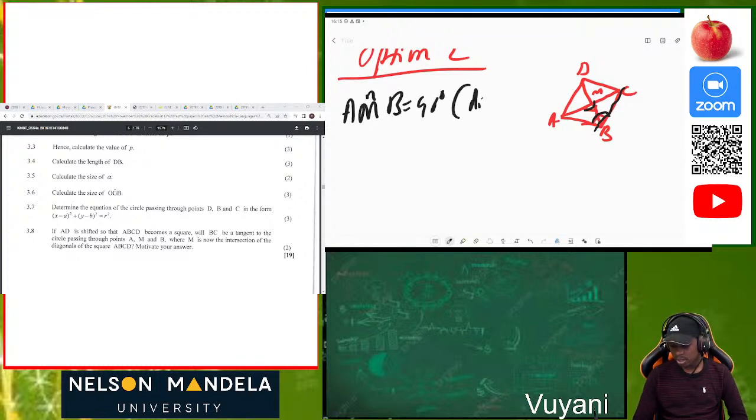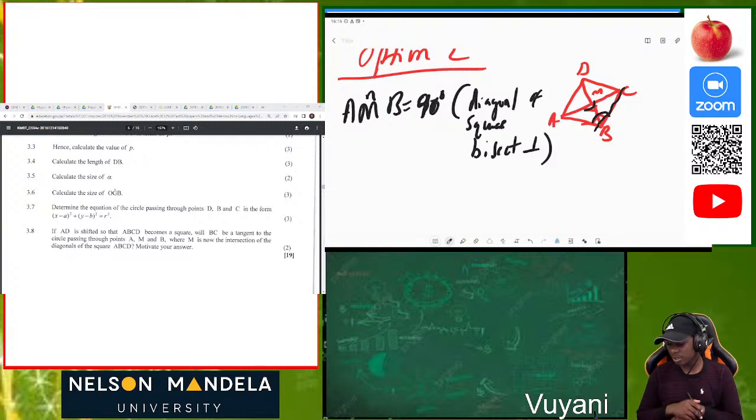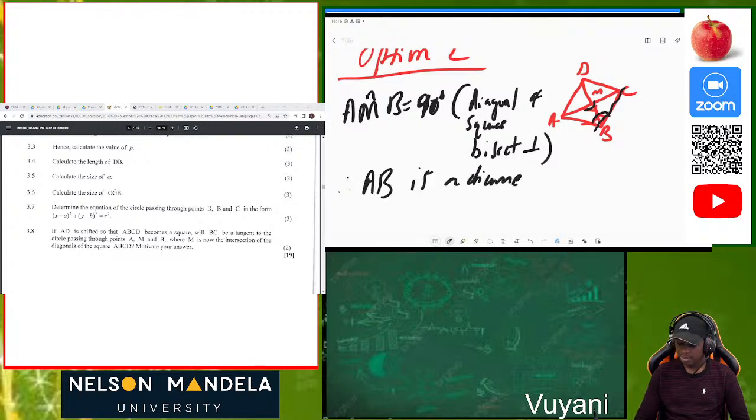Why? The diagonals of a square bisect perpendicular. It's 90 degrees. Okay, if it bisects perpendicular, what does this have to do with it? So therefore now we can see that AB is a diameter. We know about semicircles as well.